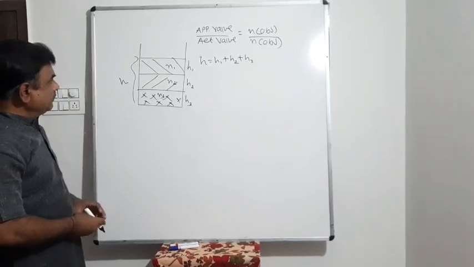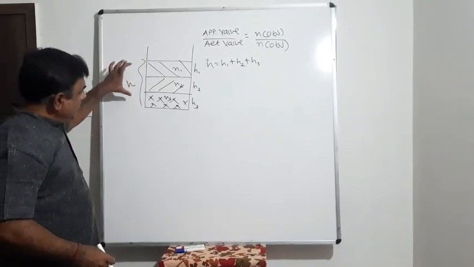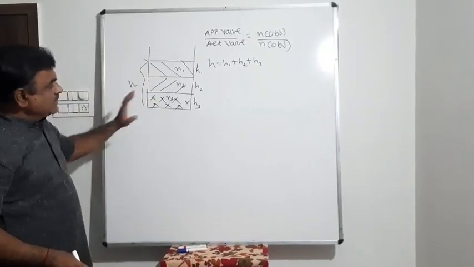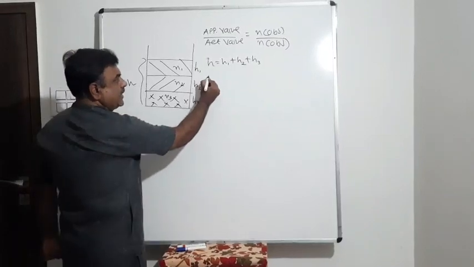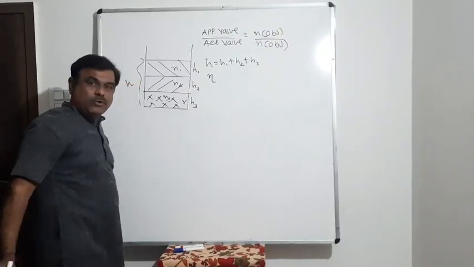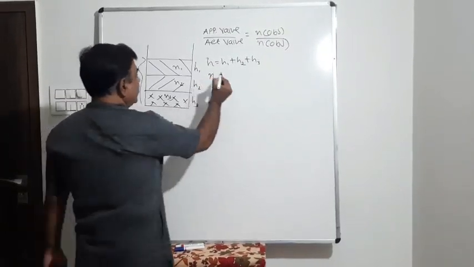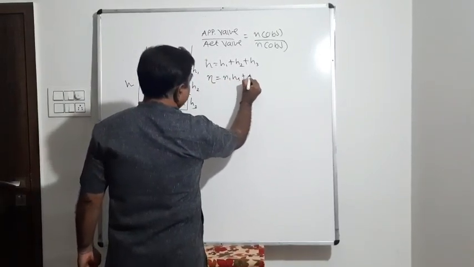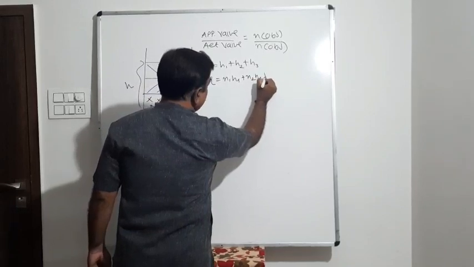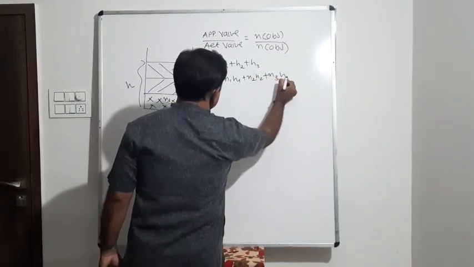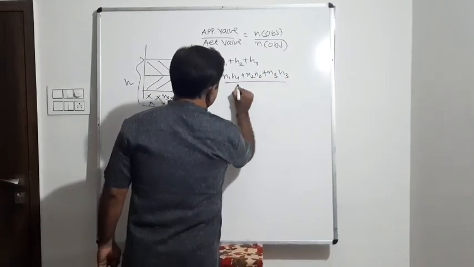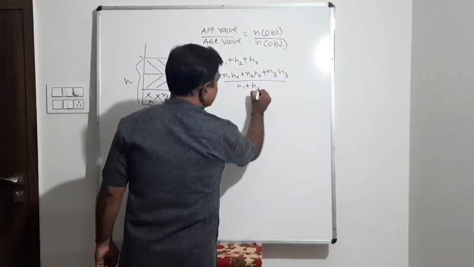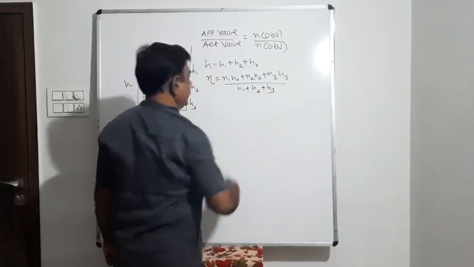At the same time, I can treat this as a single medium of refractive index n. Then how do we take n? Then it will be n1 h1 plus n2 h2 plus n3 h3 upon h1 plus h2 plus h3.